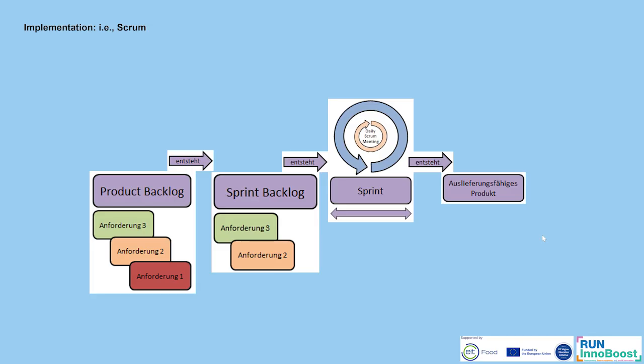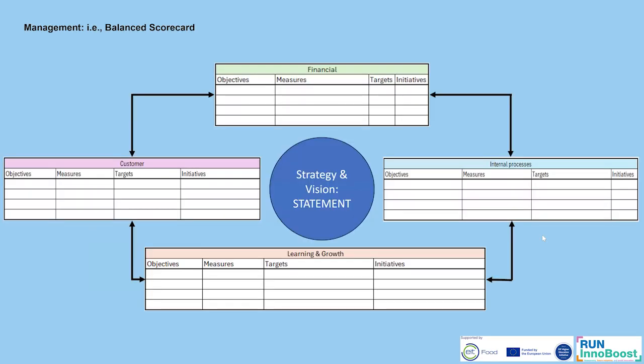Yeah, and once we have delivered a product, so that is implemented in the market, then we have set up a business. So according to the theory, a very simplified theory, then we are coming into the management. And the management, here I'm presenting the balanced scorecard. And as you can see on this slide, the balanced scorecard is composed of 5 interrelated strategic elements.